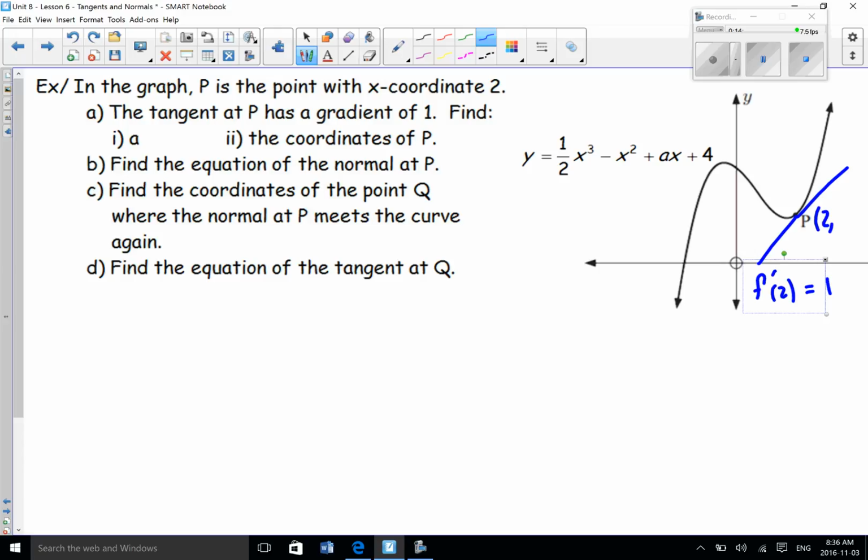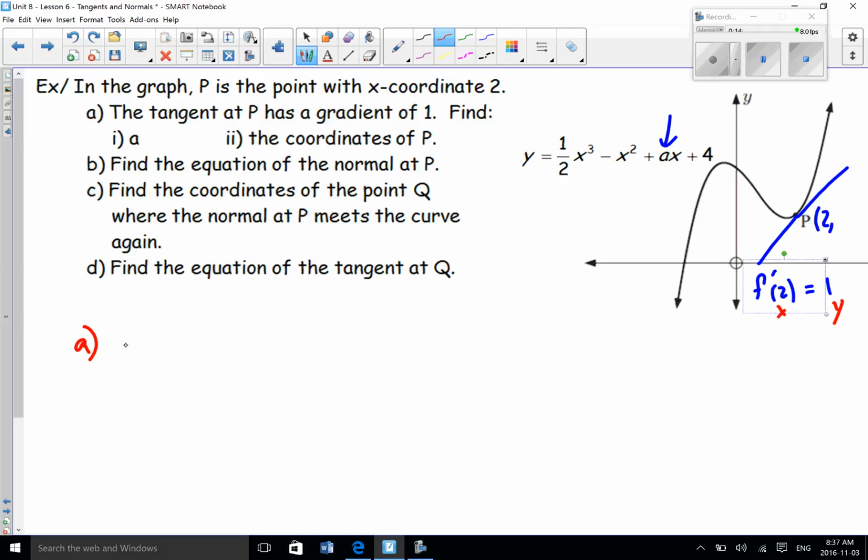So a is in the original equation, and it's right there. And I can find that if I know an x and a y. Well, they didn't give me the point P, they gave me the x part, but not the y part, so I can't use that. But in my derivative, they gave me an x and a y, so I could probably use that to solve for a.